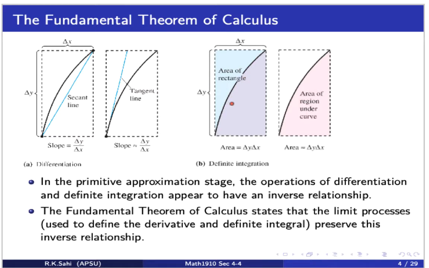In a similar fashion, if you find the area of a rectangle, that's delta y delta x, that's called a very approximate stage of finding the area under the curve, or an integral. And if you take the limit process of the area of these rectangles, you get the area of the region under the curve.